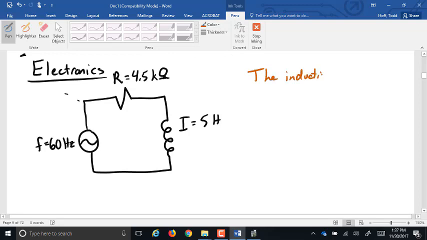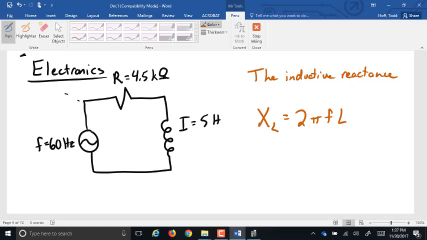The inductive reactance is found. X sub L is inductive reactance. It is found as 2 times pi times the frequency times the inductance of that inductor.